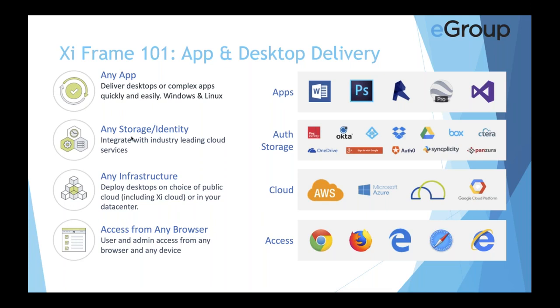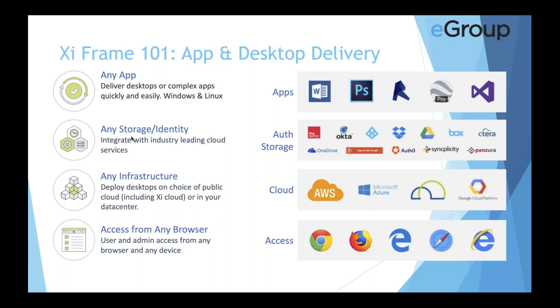I've got to be able to install my corporate applications, my custom applications, my office applications, integrated with any storage and identity. So we'll see on here from an authorization perspective, Frame has a wide berth of options for authentication and authorization. We can do our traditional Active Directory integration. We can integrate with any other SAML2 provider. So wide berth of authentication, as well as storage.